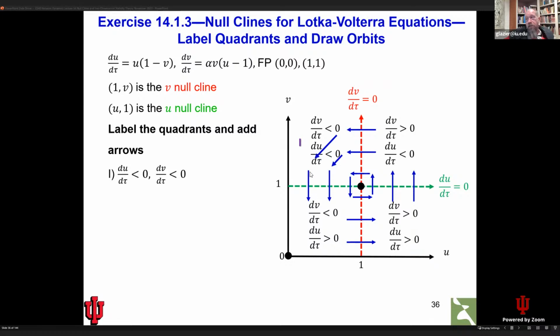So if the length is this length here and it's 0 here, it has to increase as we go over there. Now, it's possible if we went very far away, it would get shorter again. It might go up a lot over a short distance and then saturate. But we know that the length of that arrow has to be 0 at the dot, and it has to be non-zero further away. It has to change continuously.